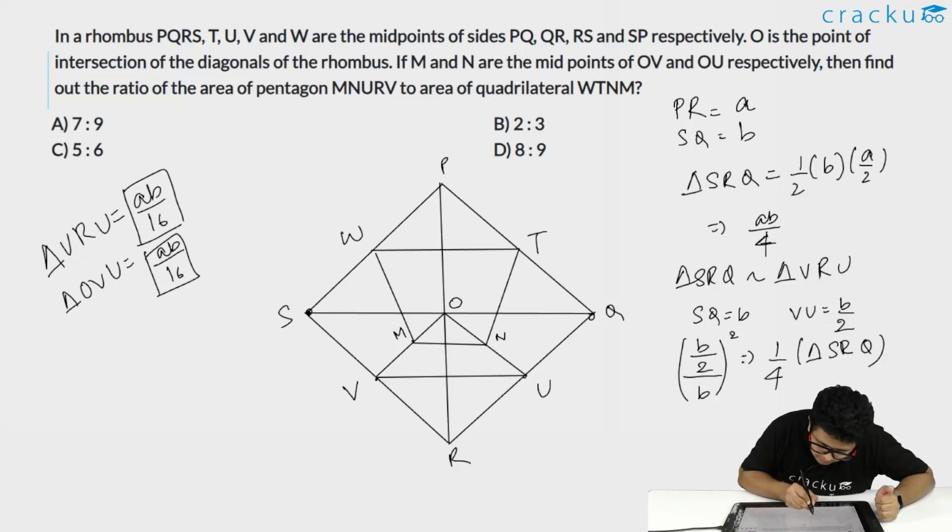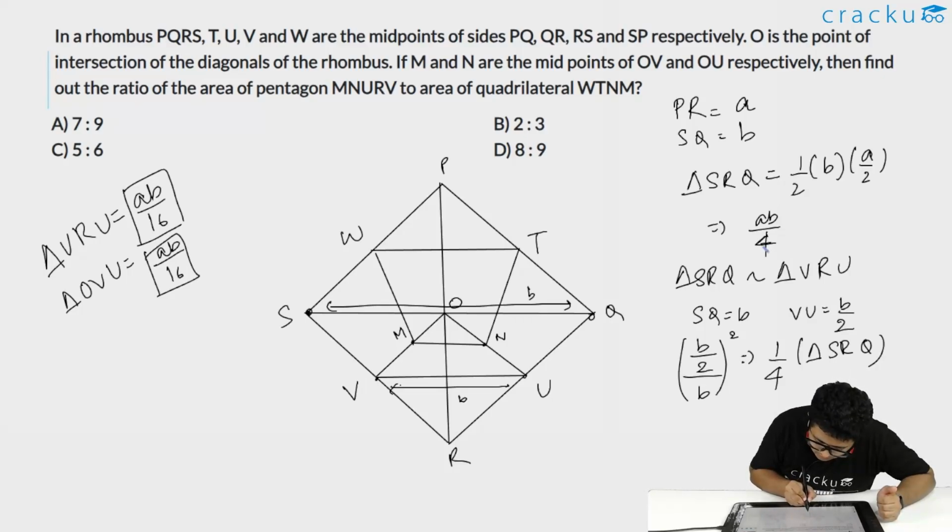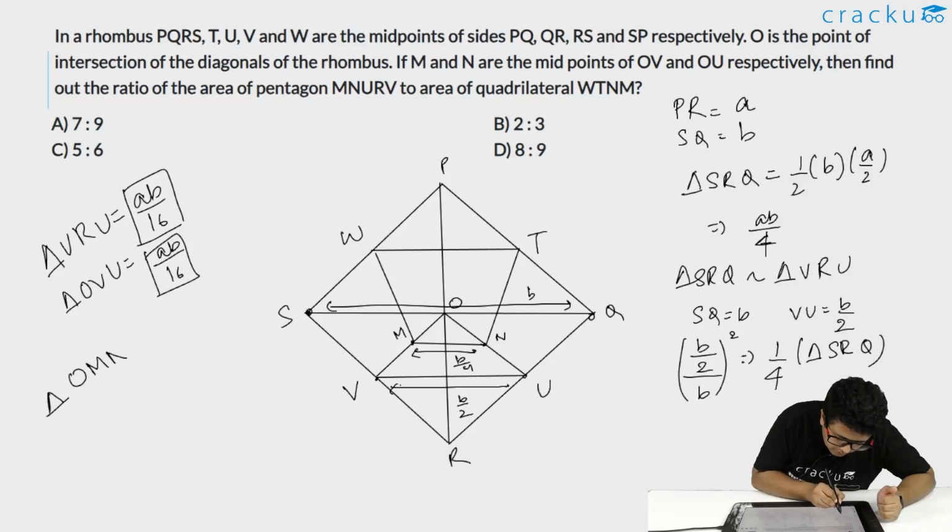And now that we are given that M and N are midpoints of OV and OU, we know that this part is B, so this will be B by 2. Again using the midpoint theorem, where M and N are midpoints of OV and OU, this will be B by 4. Now let's find the area of triangle OMN.